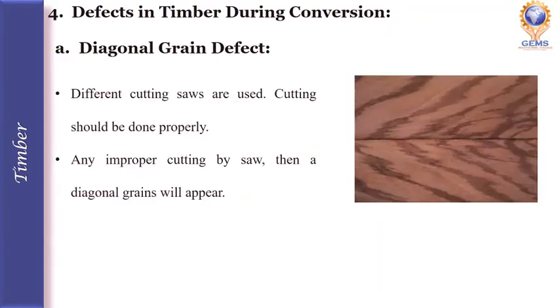The next defect in timber is due to conversion. Conversion is the process of converting wood timber into boards or planks. Under the conversion defects, the first defect is diagonal grain defect. These diagonal grain defects occur during the conversion process of timber into boards or planks.